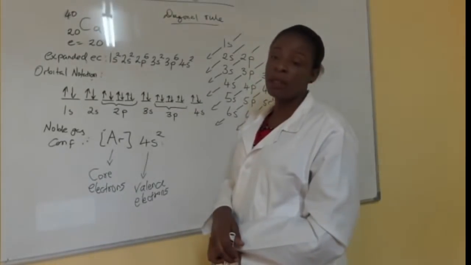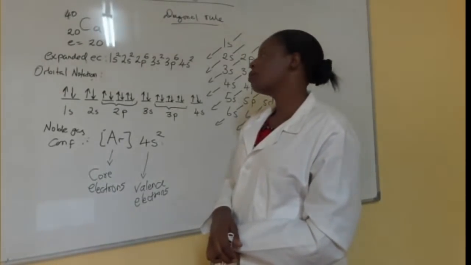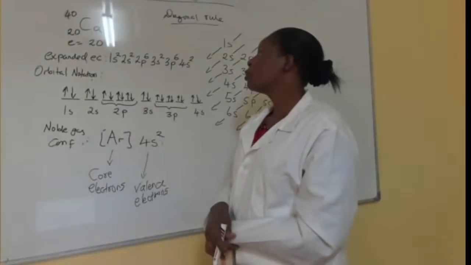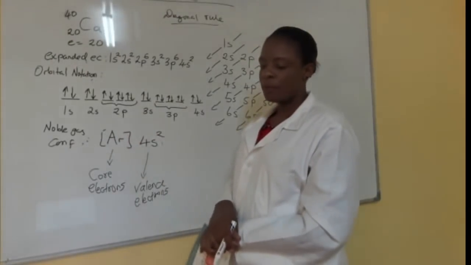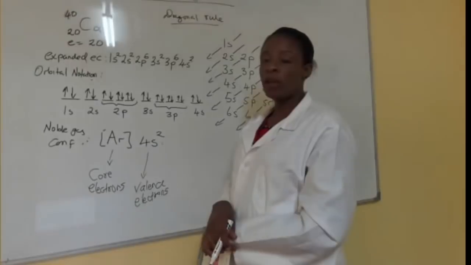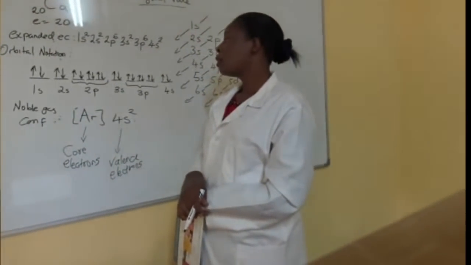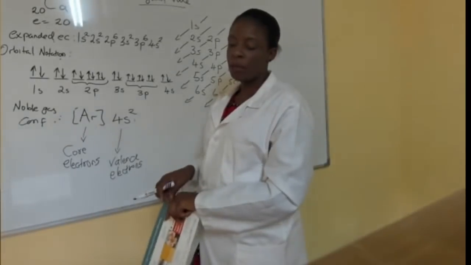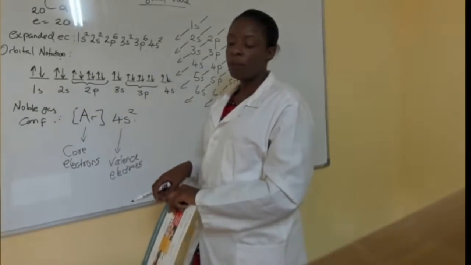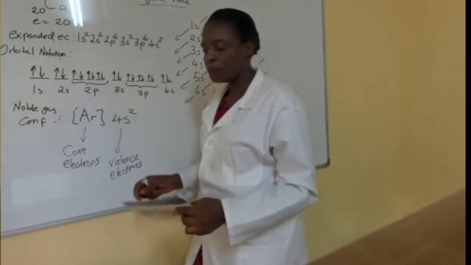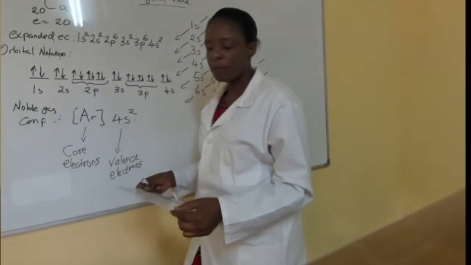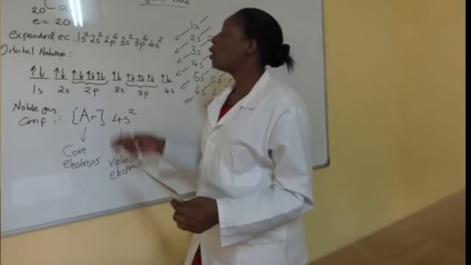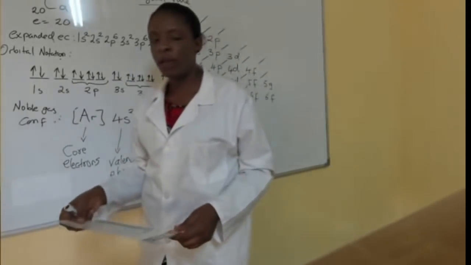I uploaded notes on Moodle so that you're now able to follow through. Right, and if you have any questions, you can forward your questions via the various platforms which have been given to you, and I'll be able to address them. Right. So this is how you actually come up with the electronic configuration.